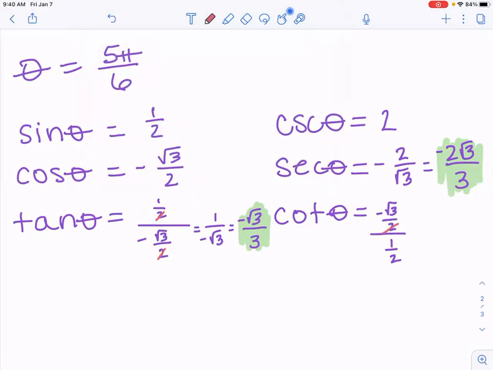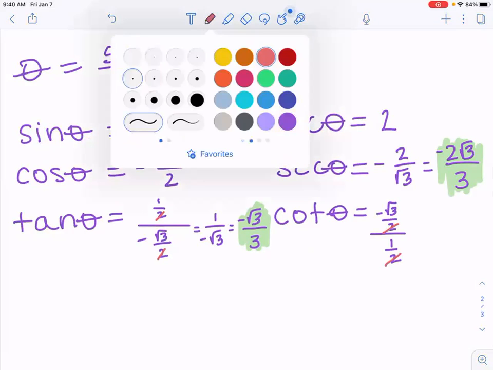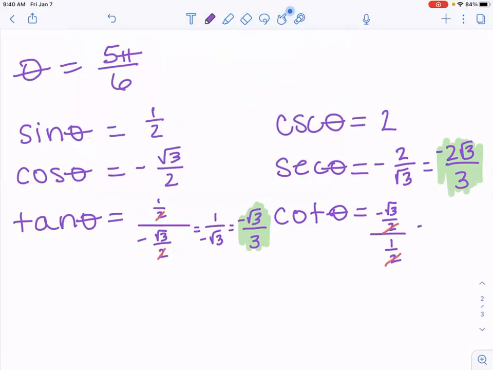Just like before, these 2's are going to cancel, and we're going to be left with negative radical 3 over 1. Okay. By knowing the unit circle, we are saving time by not having to draw a triangle.